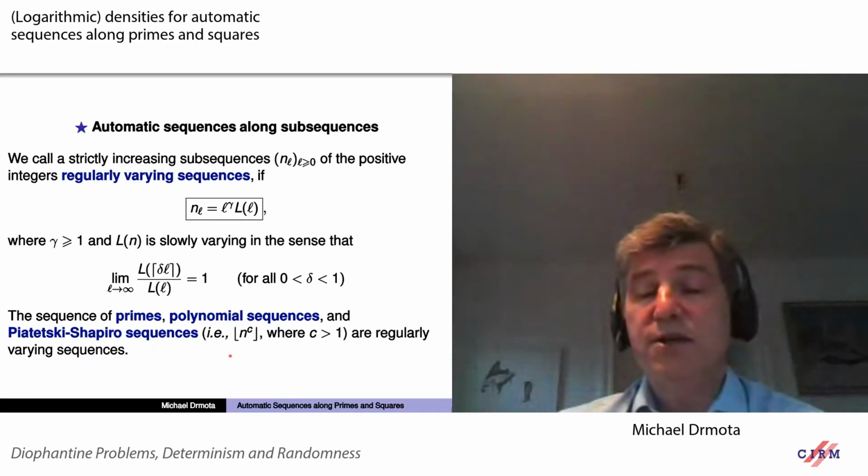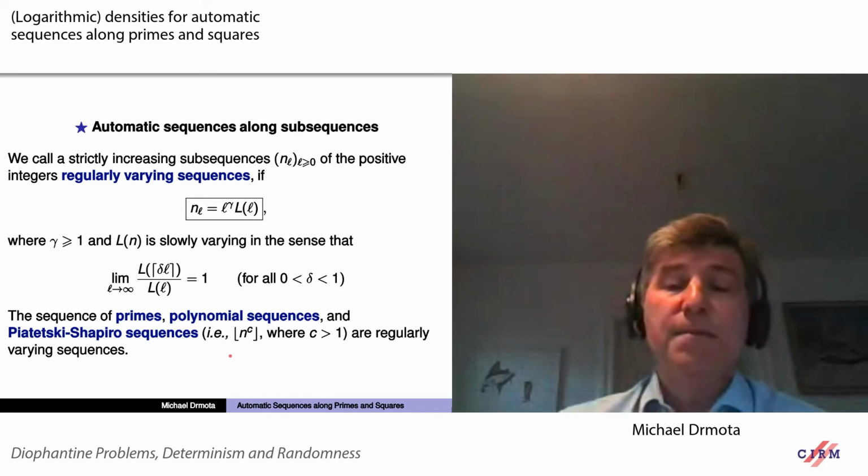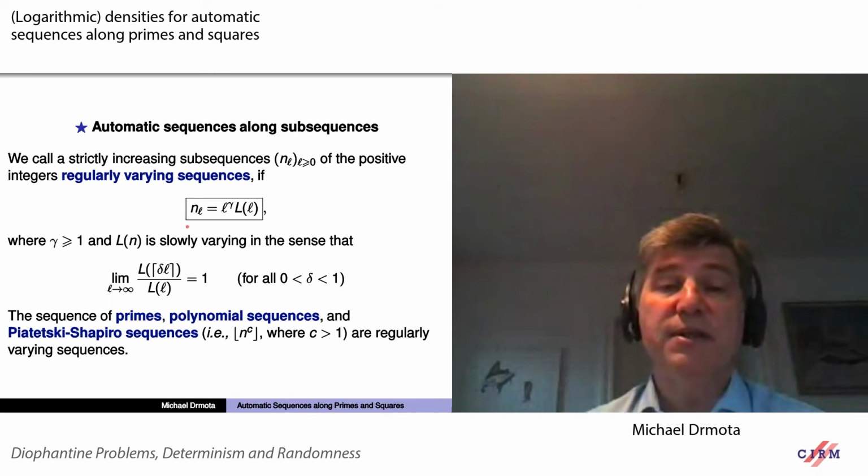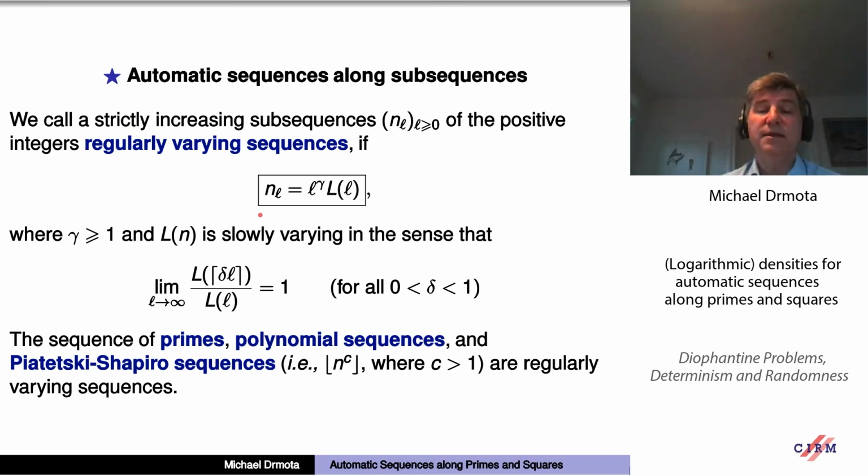And there is a general result behind that gives us results on subsequences that behave regularly in some sense, and this is made more precise in the following way. We just take a sequence that behaves like a power times a slowly varying function.